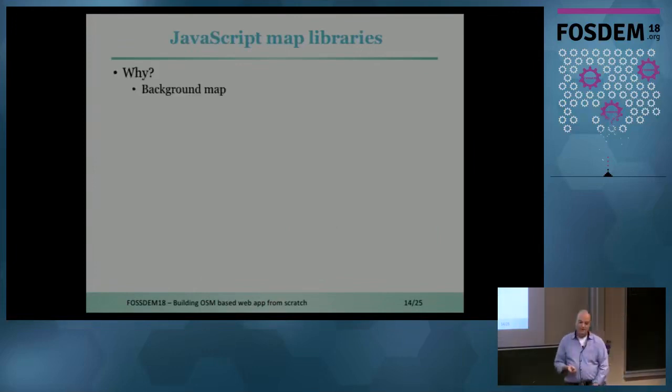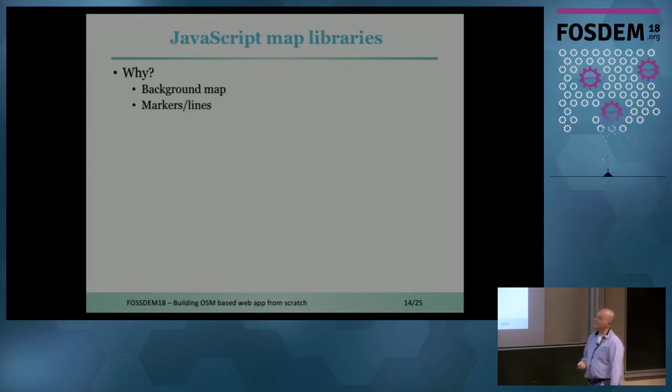Some words about JavaScript map libraries. If you want to establish a mapping application, then you not only have to draw your objects, but also a nice background map which suits the topic of your map. That means there are different possibilities, and these background maps are rendered or loaded by a library so that you don't have to do it on your own.